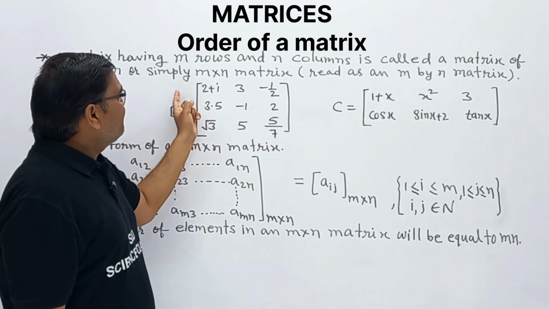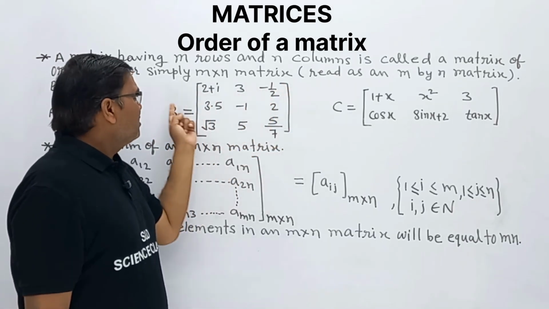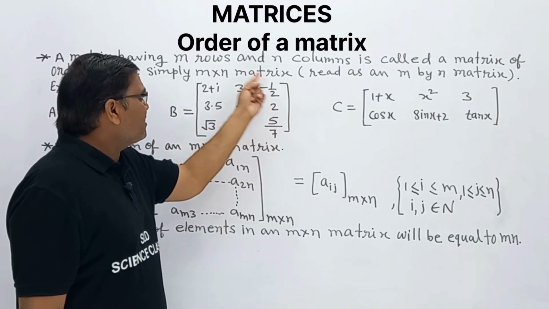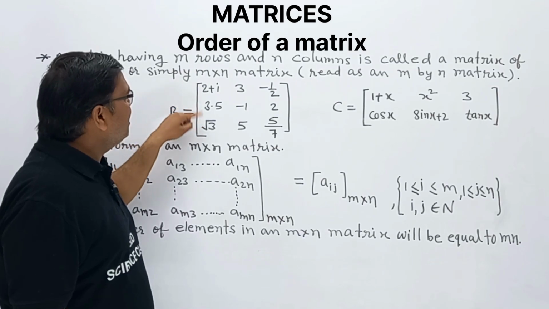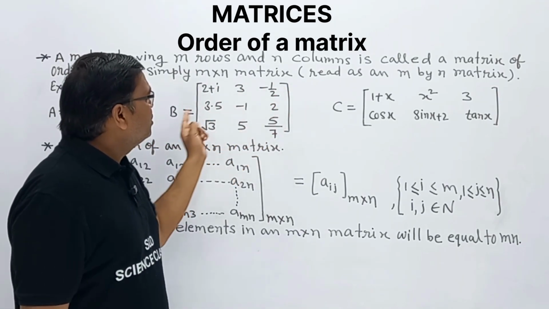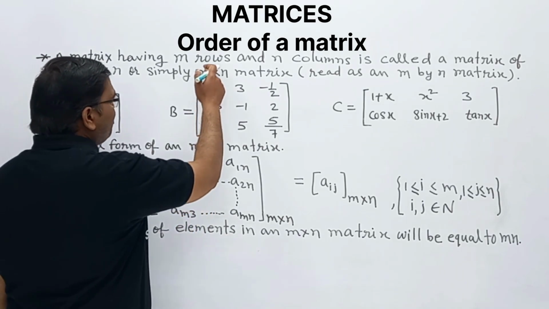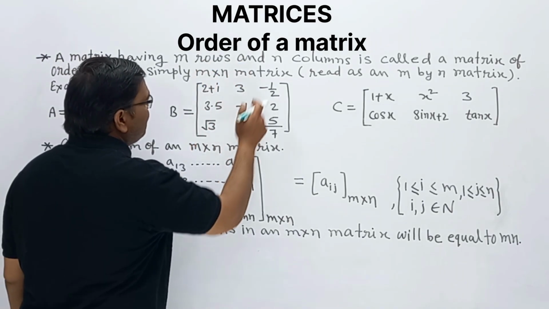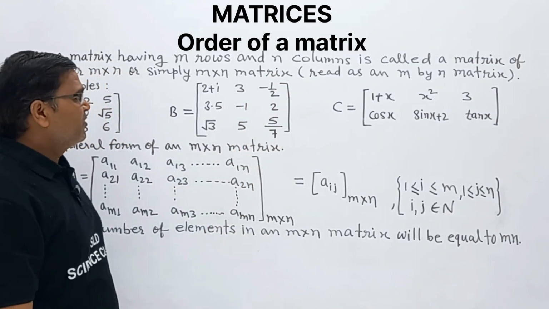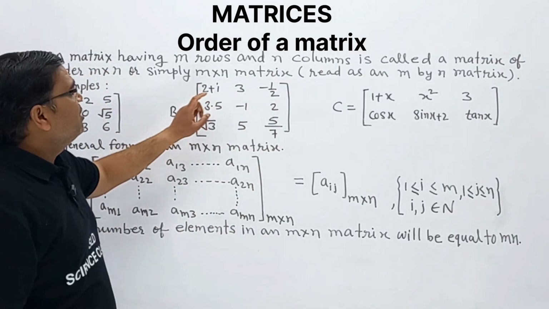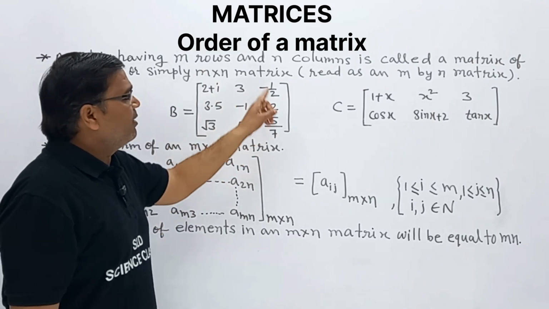In this matrix, left to right is a row. So we can say in this rectangular array we have 3 rows: 1, 2, 3. These are rows. How many columns? Top to bottom: this one, this one, this one. These 3 are columns. So this matrix has 3 rows and 3 columns.